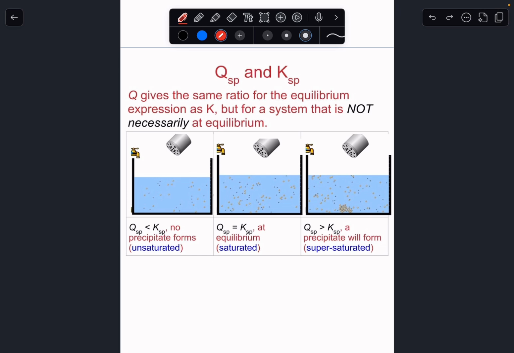In terms of solubility in solutions, indicated by the subscript sp, we can use Q and K to see how much things will dissolve, such as a salt.